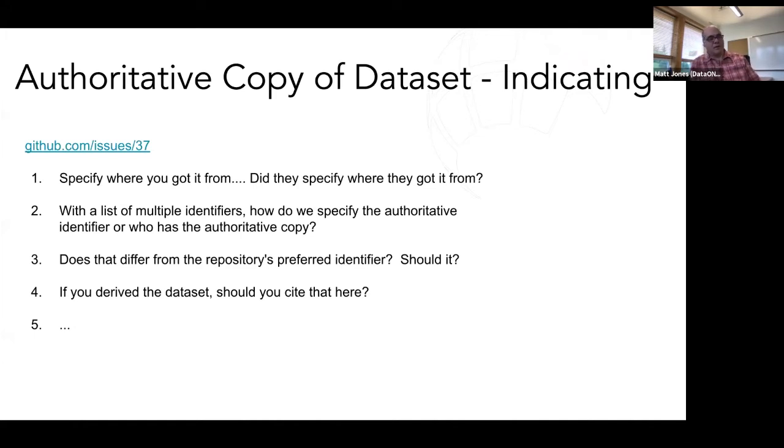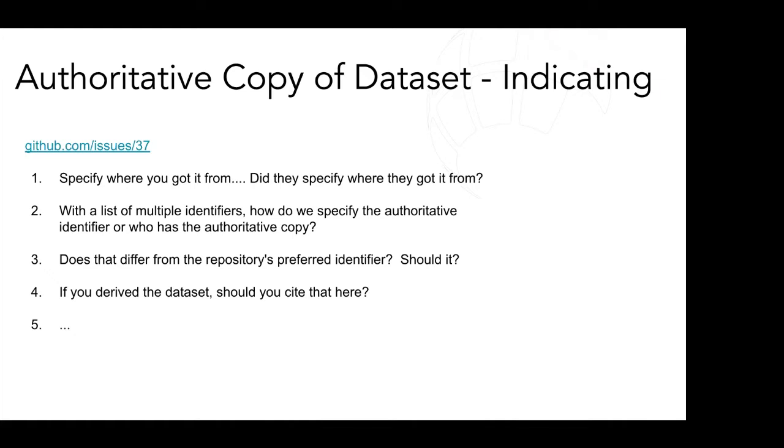It's related to the preferred identifier issue as well, which is the next one. So presumably the preferred identifier and the authoritative repository probably go together. Right, that's what I've been saying for a while. Yeah, part of the problem is that in many cases, whenever a new place aggregates metadata or copies a data set, they may give it their own identifier, and they may not actually say that the data originally came from some other place.